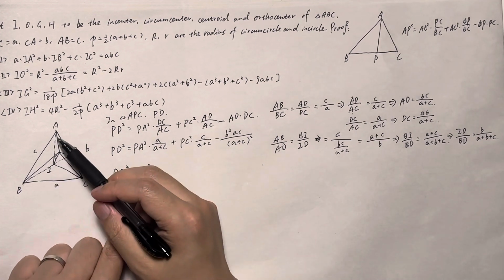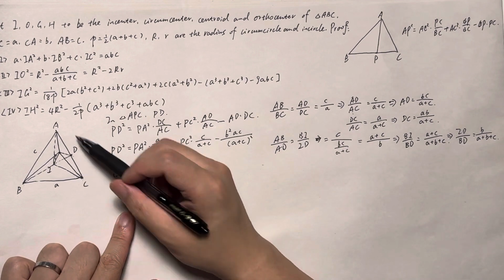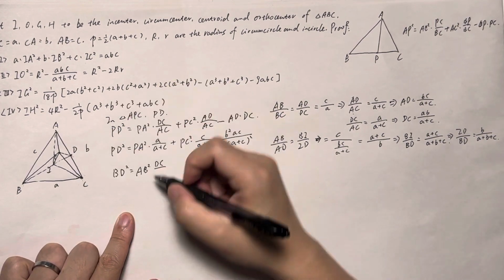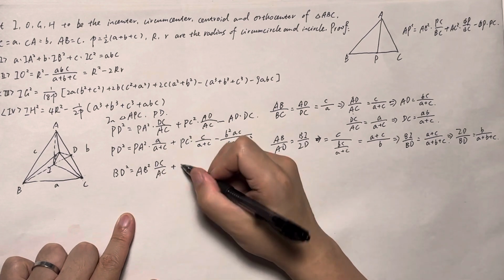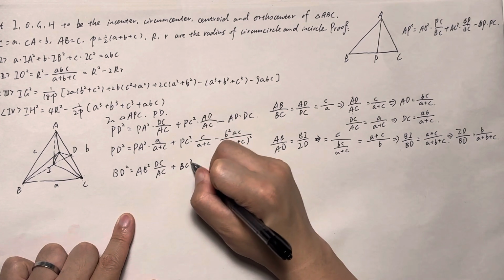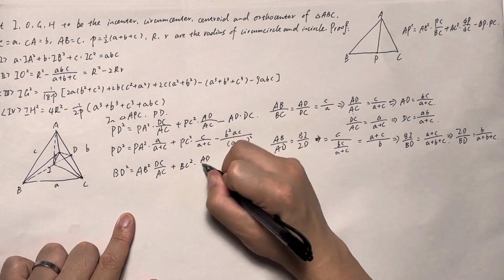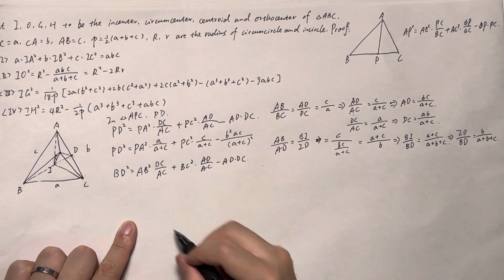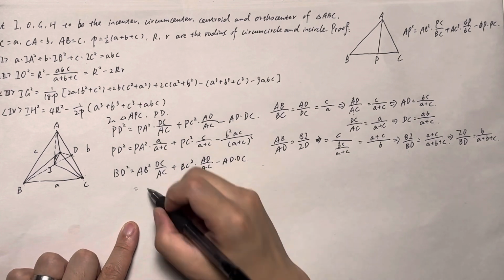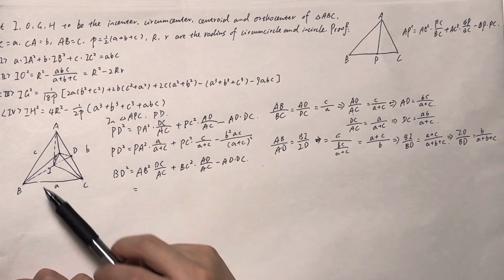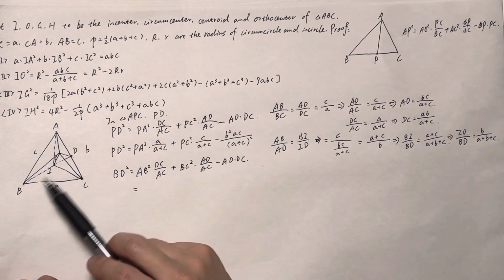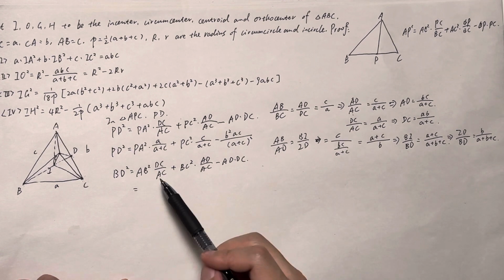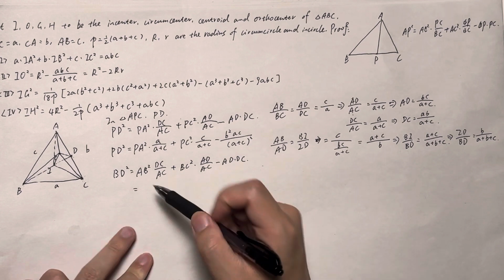BD squared equals AB squared times DC divided by AC, plus BC squared times AD divided by AC, minus AD times DC. Notice that we already have all of these, so let's just write it down.